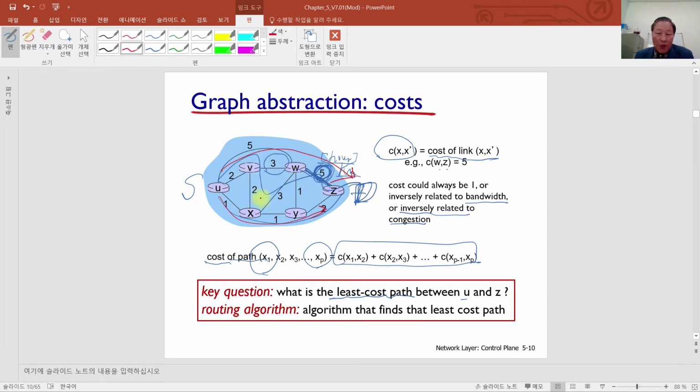Even though this is a simple one, we may have several different paths, and we can choose among them if we can find the least cost path. That is the solution. And how can we solve that? Our routing algorithm is used for that. This algorithm calculates that cost and finds the least cost path.